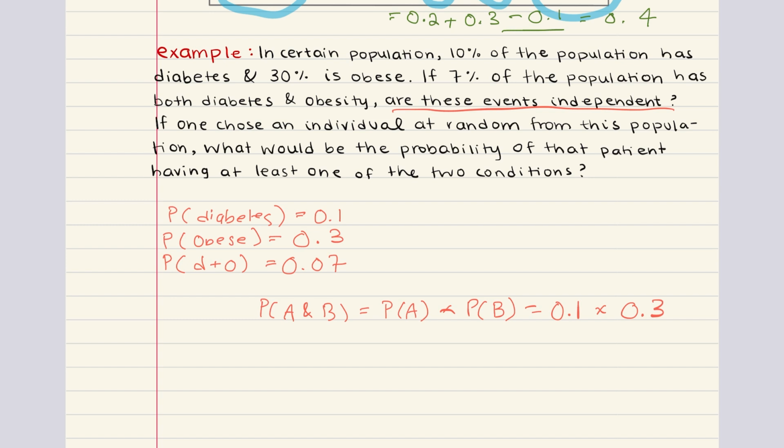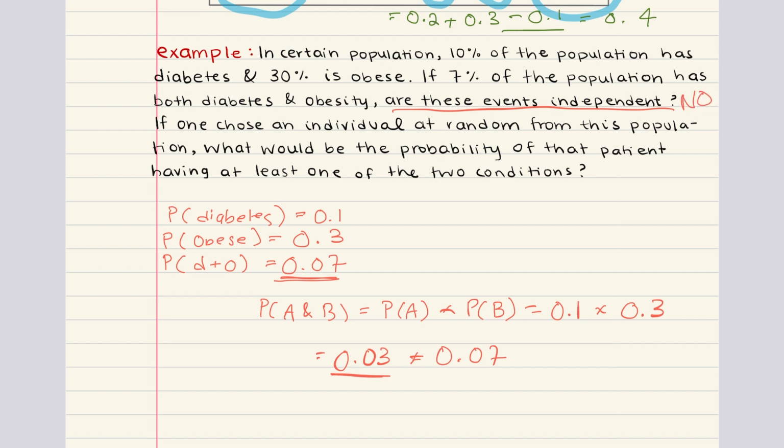When we multiply these together, we get 0.03. Now, this value is not equal to the probability we were given in this problem for having both diabetes and obesity. Because of this inequality, the events are not independent. The occurrence of one condition influences the likelihood of the other. So we answered this first problem. Are these events independent? No, they are not.